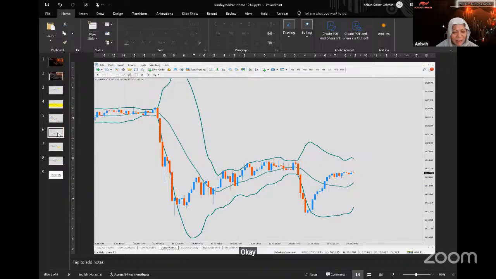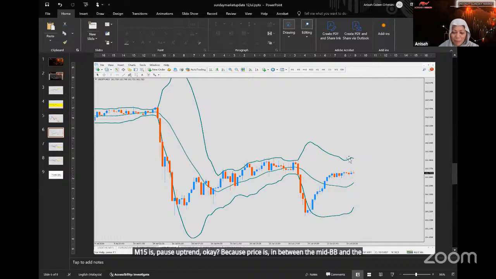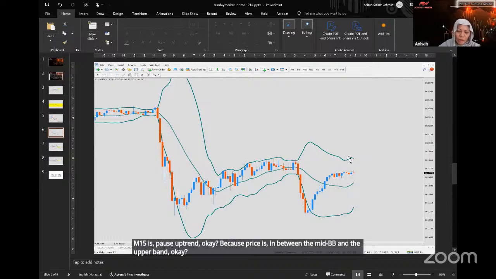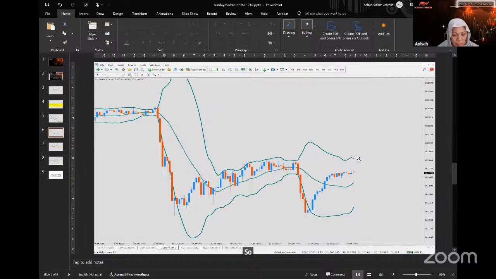Dollar yen: major trend uptrend, intermediate downtrend, M15 is a pause uptrend, because price is in between the mid BB and the upper band. So the trade that we should be taking, I would suggest strongly, is long.